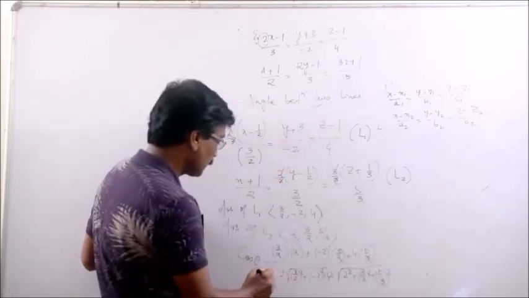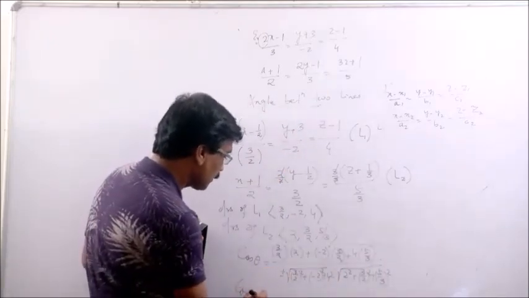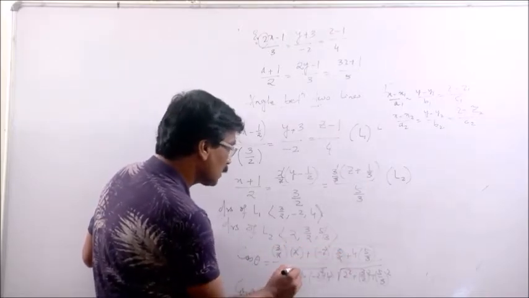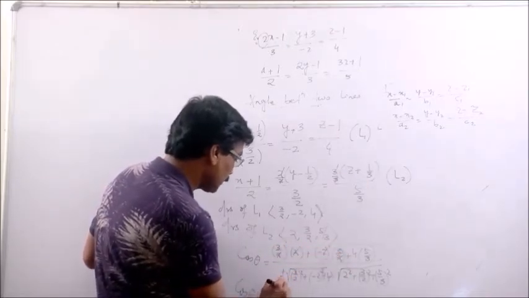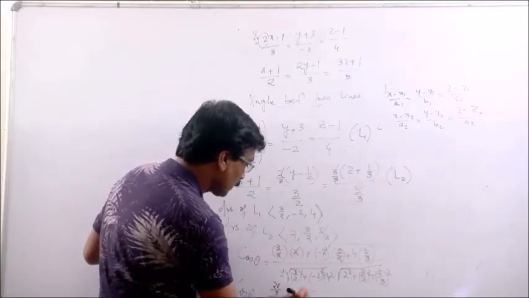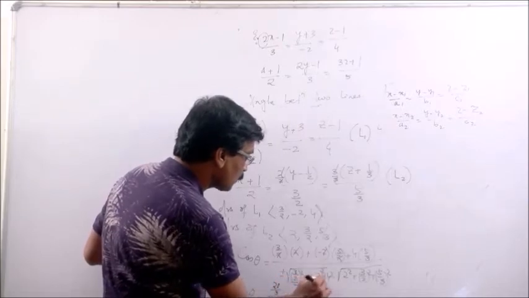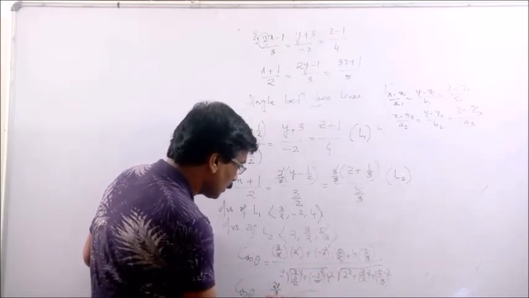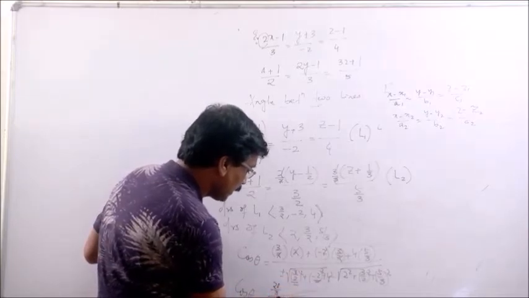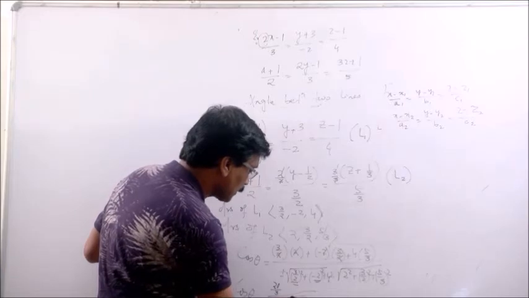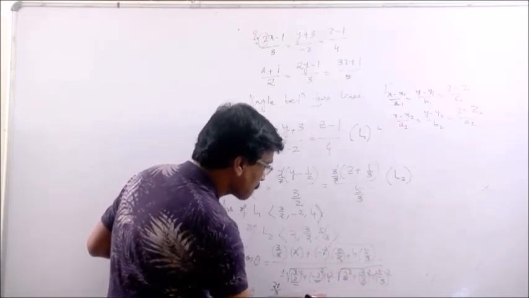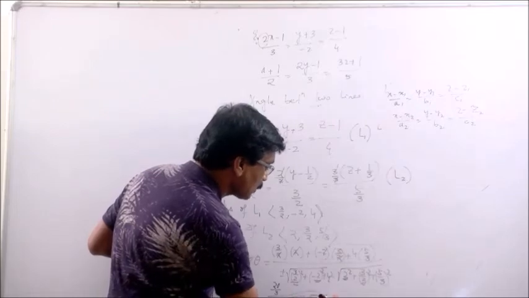So, on simplification this gives cos theta is equal to 20 by 3 divided by plus minus root over of 9 by 4 plus 4 plus 16, that is 20 plus 9 by 4, that is equal to 89 by 4, into root over of 4 plus 9 by 4 plus 25 by 9.